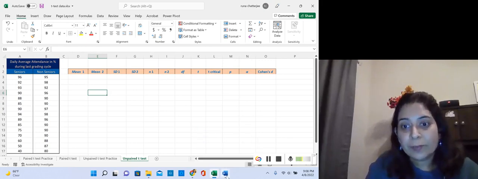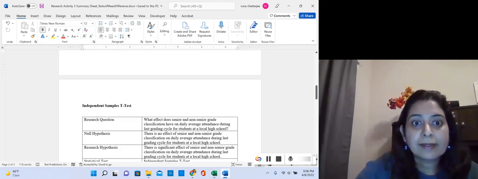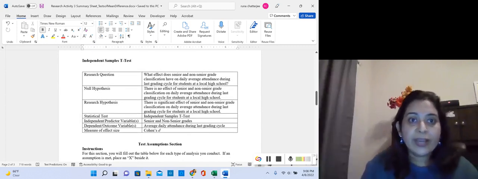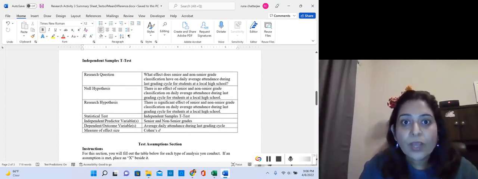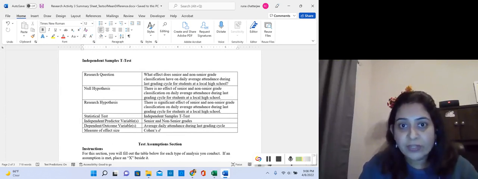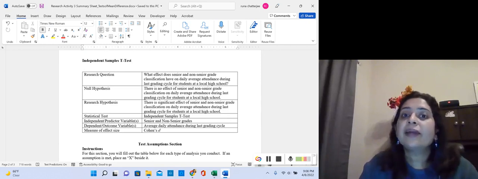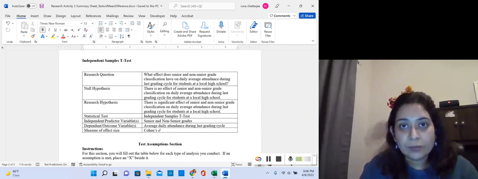Let's look at the research planning sheet. The research question I have here is, what effect does senior and non-senior grade classification have on daily average attendance during the last grading cycle for students at a local high school?